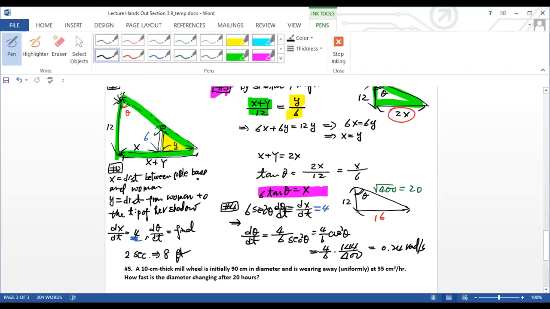Okay, so in here, be careful. The 2 seconds, because I know every second I travel 4 feet. So in 2 seconds I travel 8 feet.